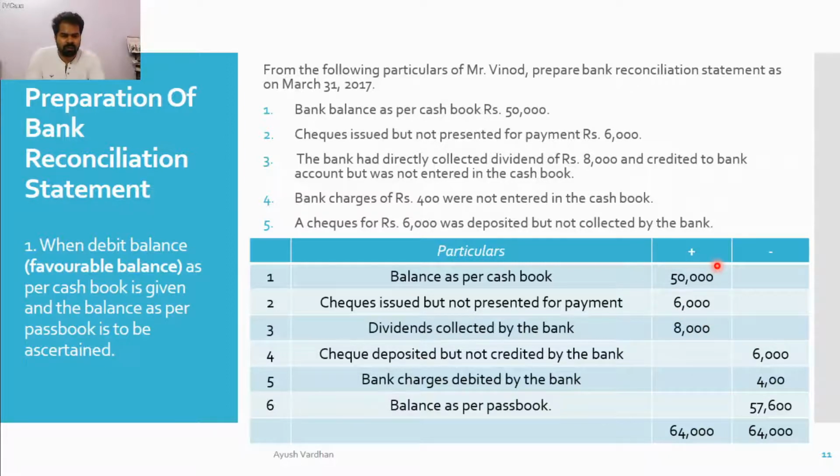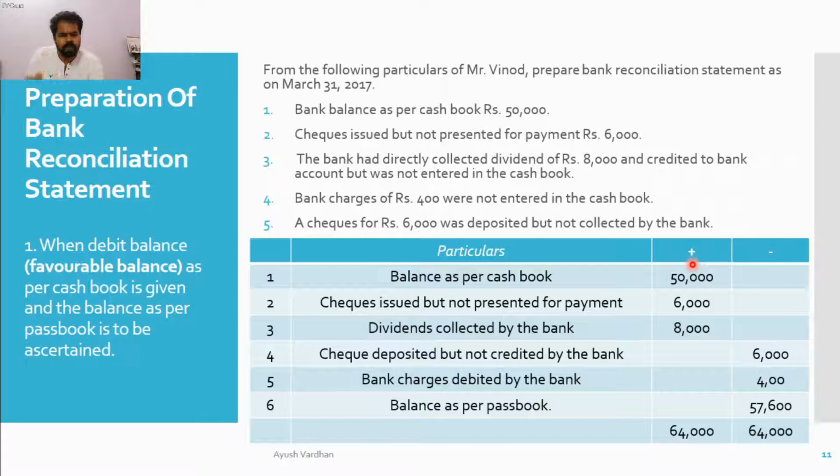Okay, but the bank doesn't know about all this. So here what happens is, the balance as per cash book, that means the same balance must have been in the bank as well. Okay, because this is how this happens.